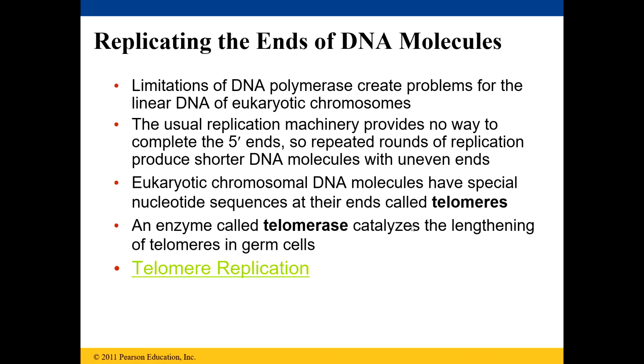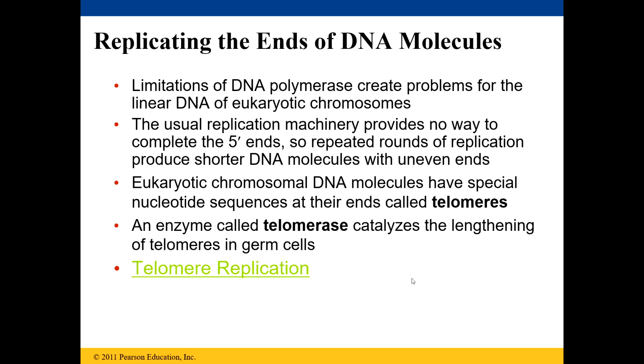Over to page 102, talking about this last section, replicating the ends of DNA molecules. It mentions there that limitations of DNA polymerase create problems for the linear DNA of eukaryotic chromosomes, and the usual replication machinery provides no way to complete the 5' ends.